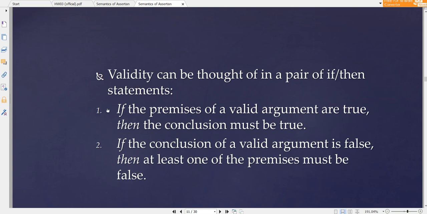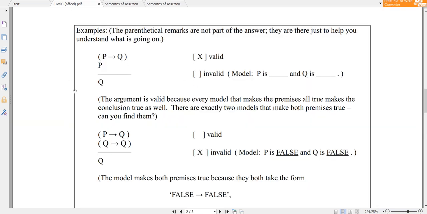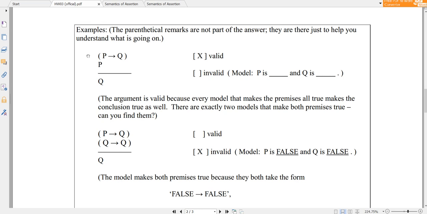But validity is just all about form. You can have a false conclusion in a valid argument. That's perfectly fine. But what that tells you is that you must have a false premise too. That is represented in our problem here. We have a false conclusion, but we also have a false premise, and so that is very much valid.